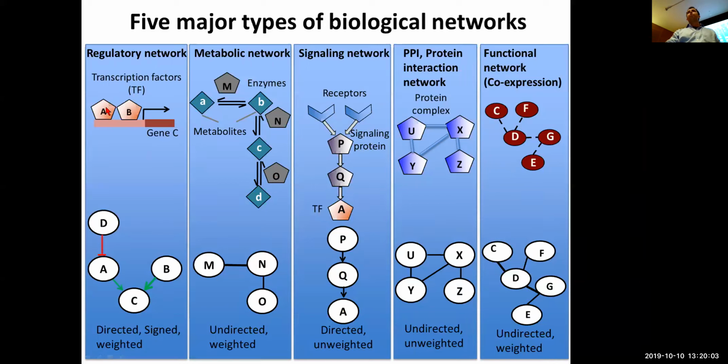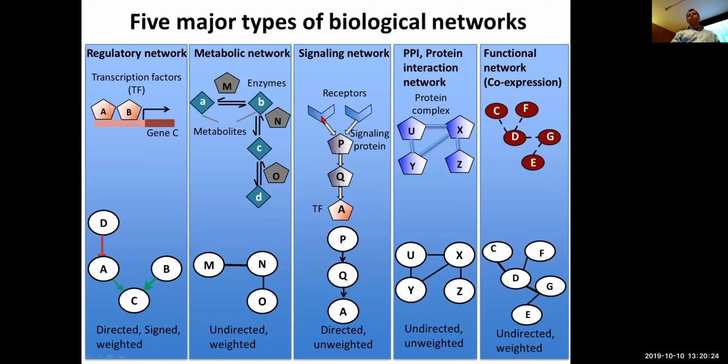Then signaling networks are basically not quite directly touching the DNA, but they're usually upstream of these transcription factors. How does a transcription factor know when to turn on? How does GAL4 know? Well, there are other proteins like GAL8 and GAL2 that are guiding the transport of galactose into the cell and the signal that this galactose is in the environment. Those are very often signaling proteins that receive signals from receptors.